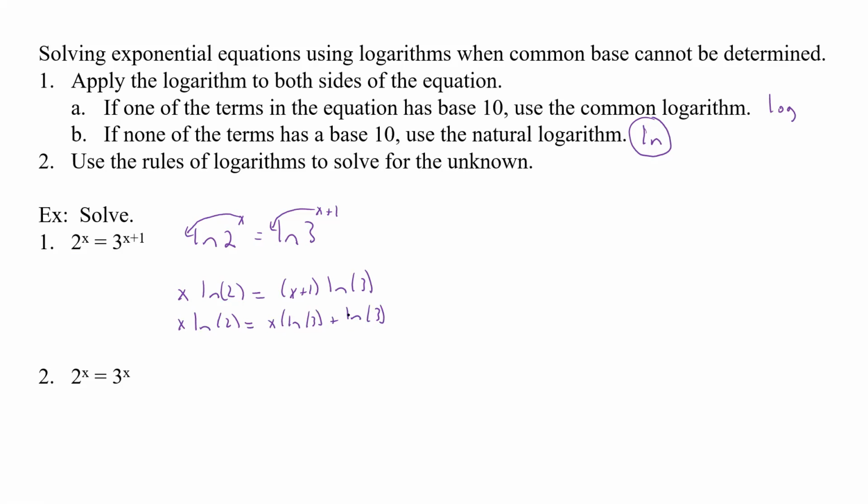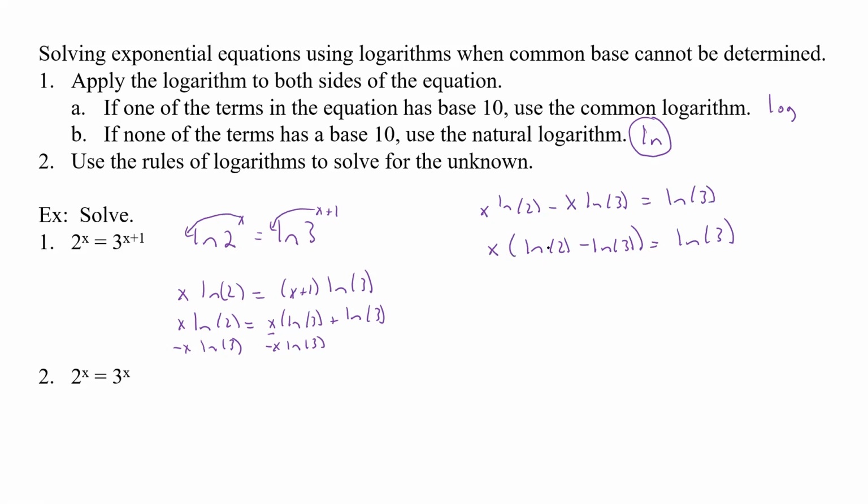And then what I can do is, okay, well, now I notice I have a common term of x in both of those, so I'm going to take that over there. And so if I do that, I'm just going to subtract x ln of 3 from both sides. And so I have x ln of 2 minus x ln of 3, and that's equal to my ln of 3 that's still on this side. Now I can factor out that x, and I have ln of 2 minus ln of 3, and that's equal to ln of 3.